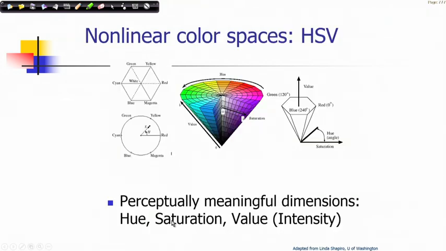There are other nonlinear color spaces where again the hue and saturation could be factored out from the achromatic information like intensity.